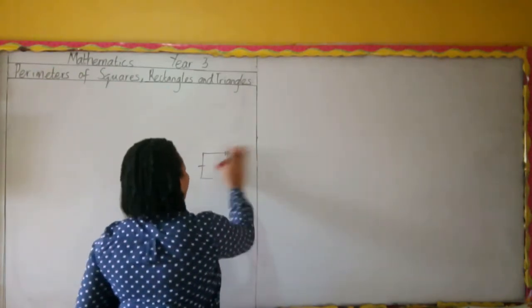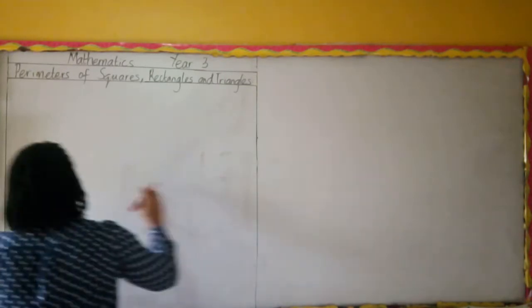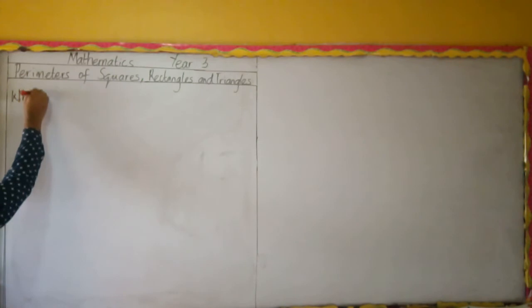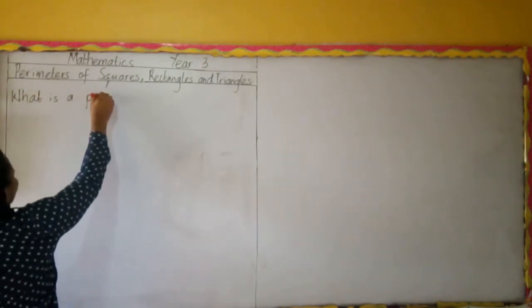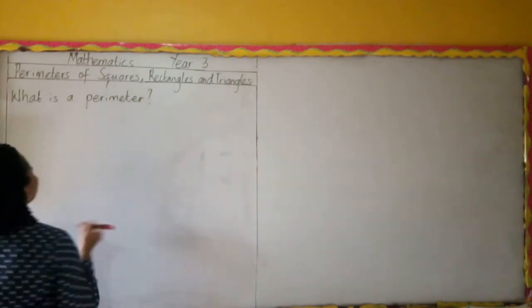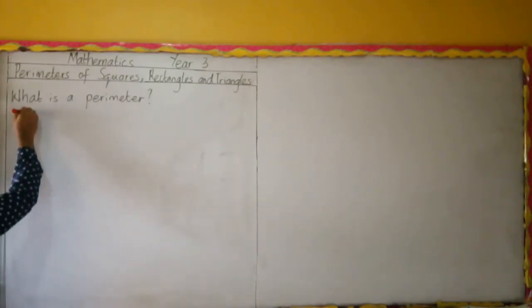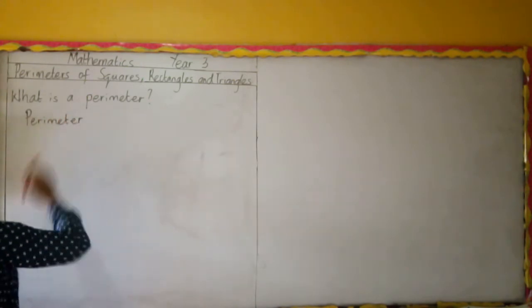Okay, that is done. So we're going to quickly write the definition of a perimeter. Pay attention, Adefemi, Ifeoluwa, and Daniela. Pay attention to this. Perimeter. I'm going to use the shortest definition.